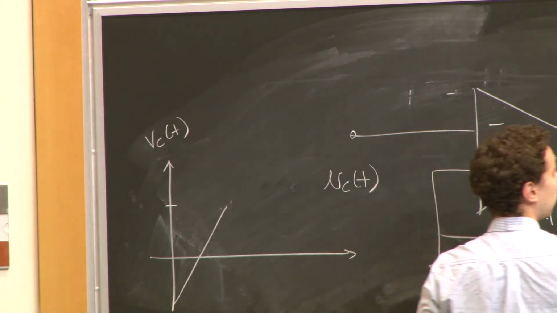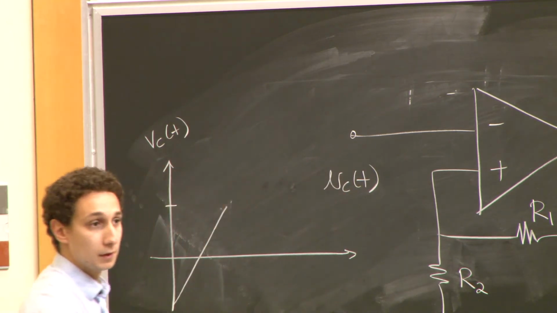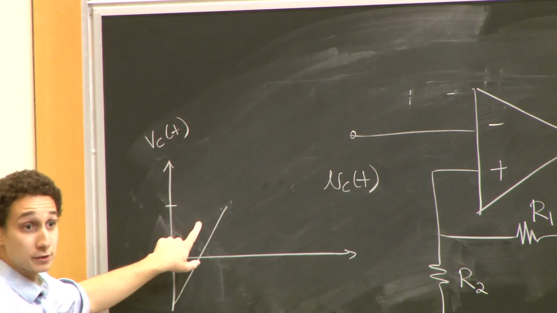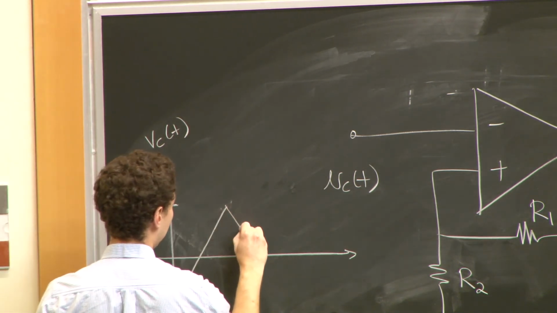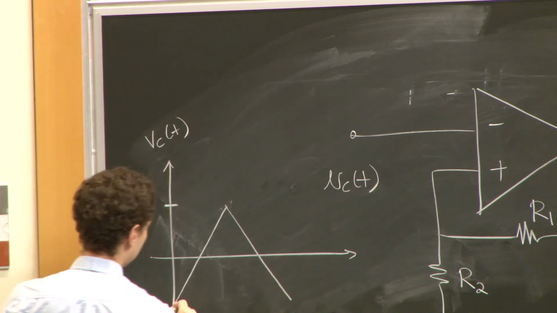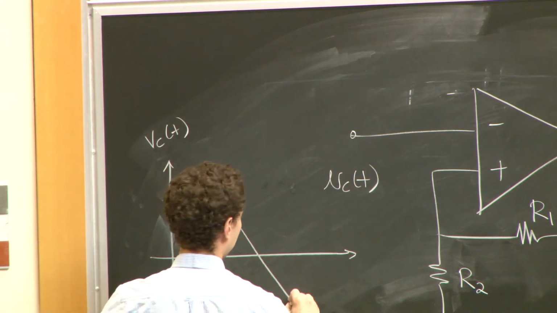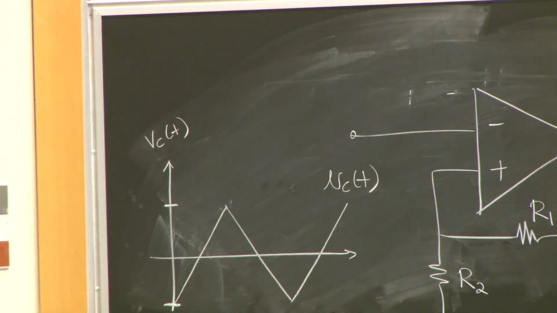The output V out, the moment that that switches, the slope of my line switches. So I go down until I reach the negative point here, and then I switch back. Is everybody clear on this?